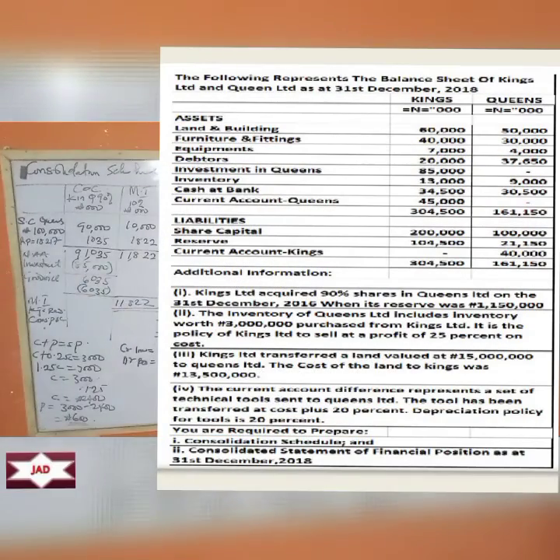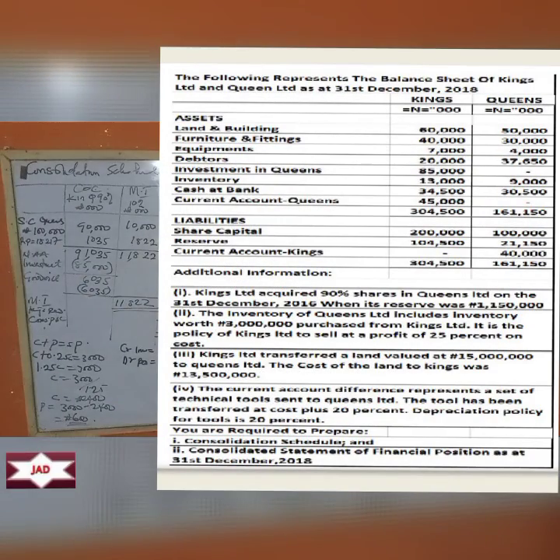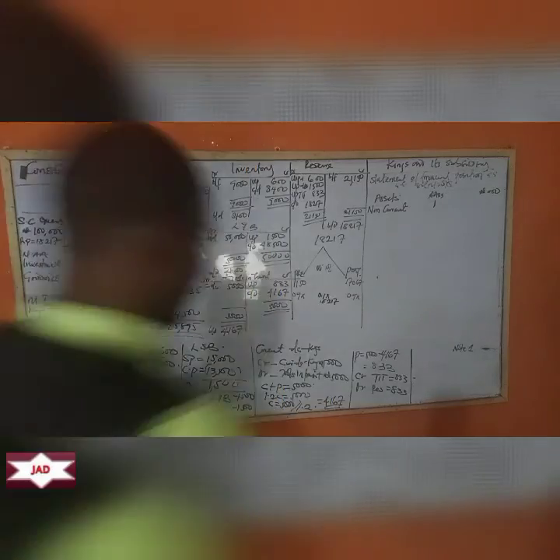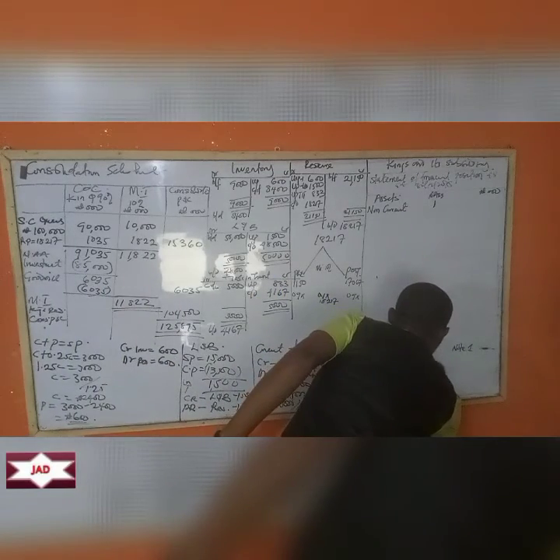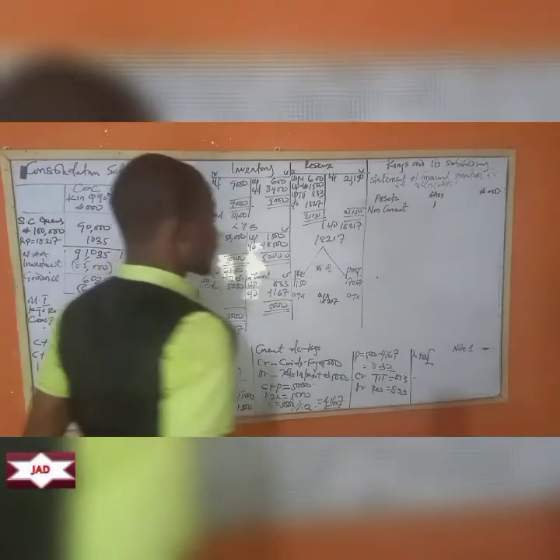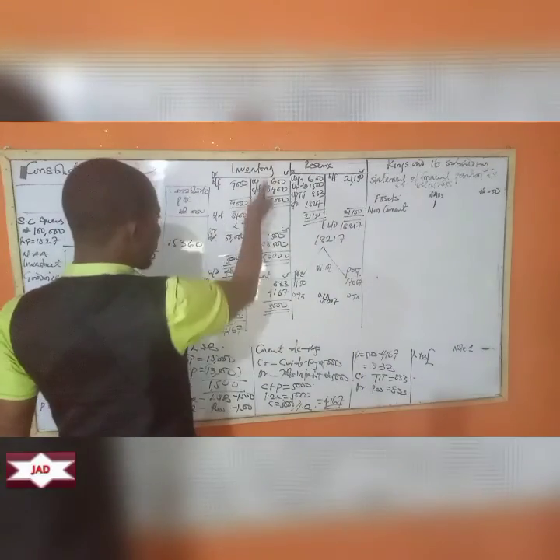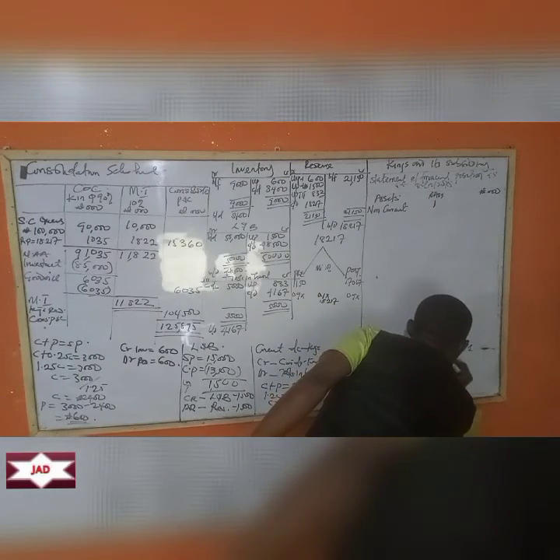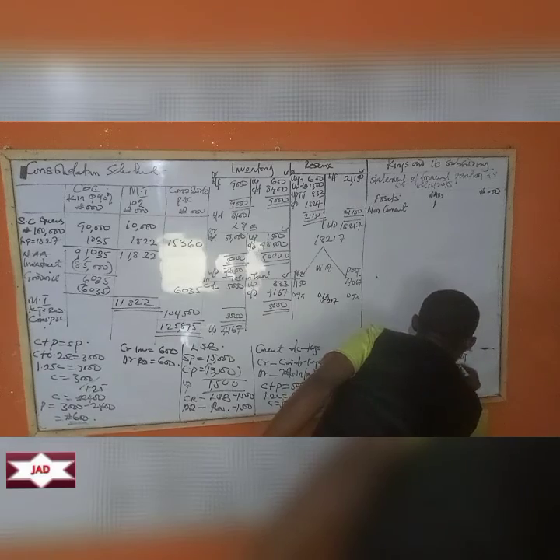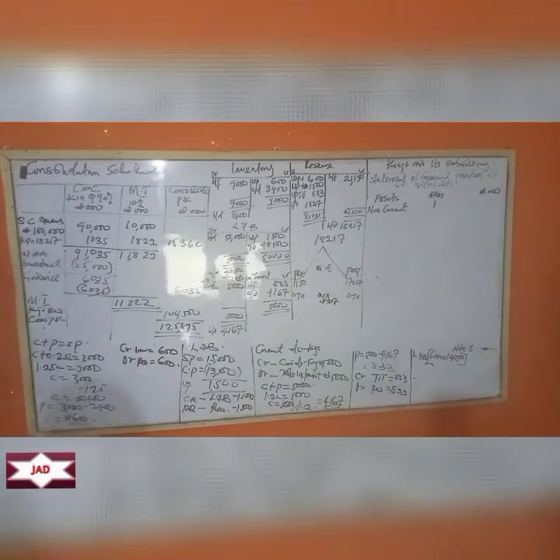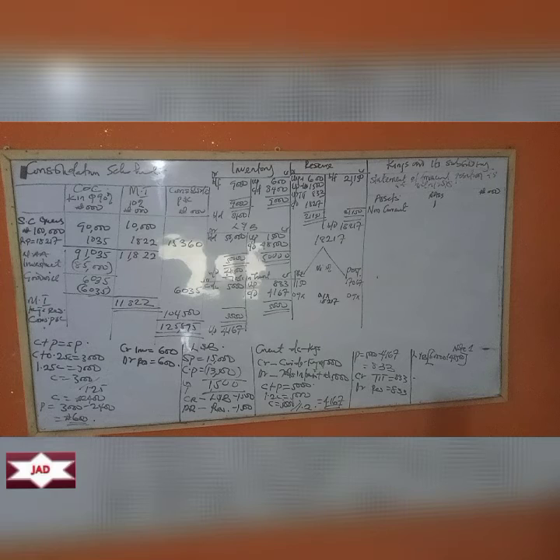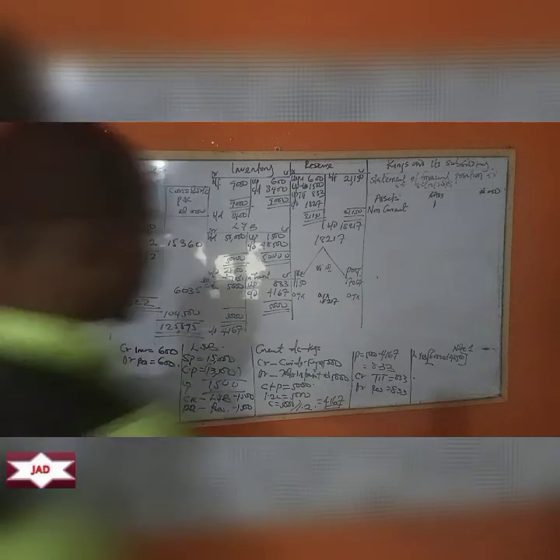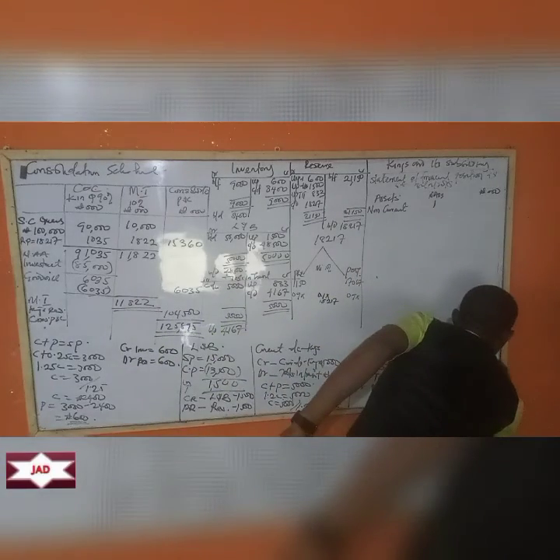We have land and building. For the holding company it is 60,000. Then there's a new one for the subsidiary, which is 48,500. So it'll be 60,000 plus 48,500, so what do we have? 108,500.